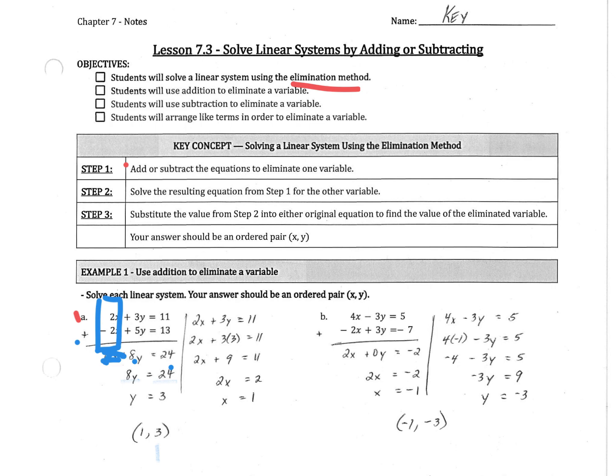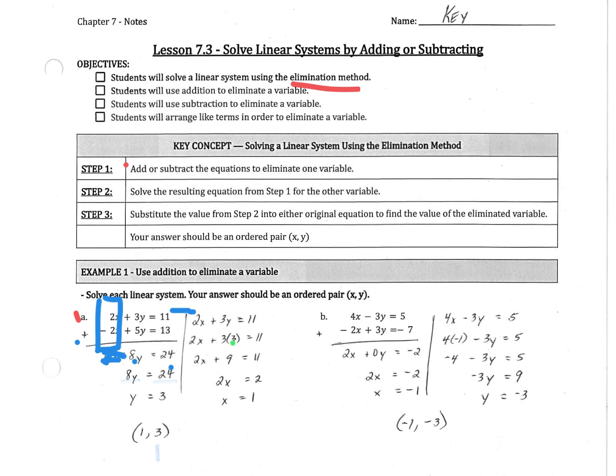In order to find our x answer this time, we need to take one of the equations, so I used the first one, and I copied it over. 2x plus 3y equals 11. Then I said, hey, I actually know what y equals. y equals 3. So where I saw y in the equation, I changed it to a 3.